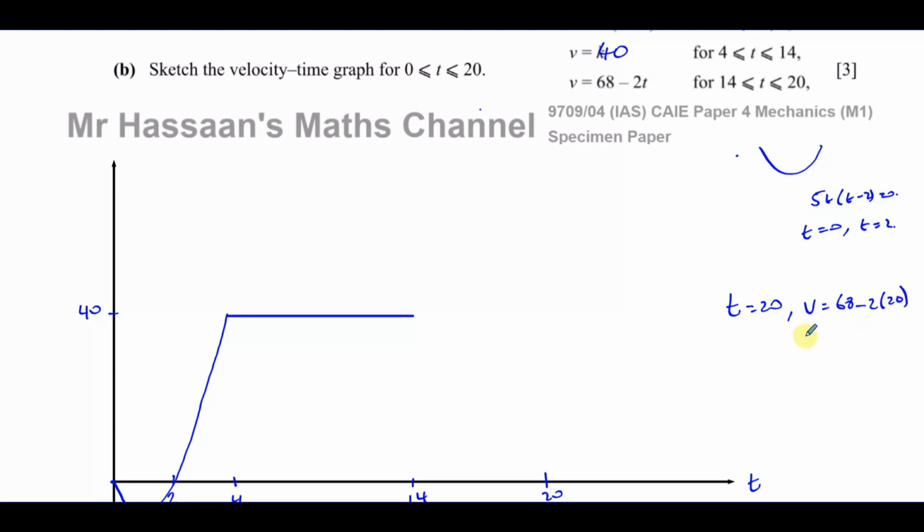So no, it's not going to go down to 0. v is going to be 68 minus 40, which is 28. So it's going to go down to 28 meters per second, not to 0 at all. So it's going to go down to somewhere over here.